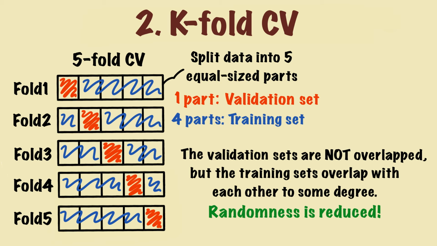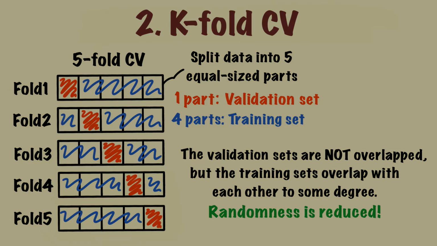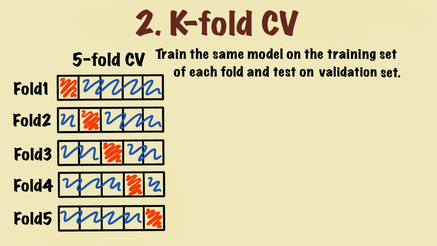Actually, the reason why we use cross-validation is to reduce the randomness in the split. By doing so, every time we have different training and testing sets, we don't need to worry about whether a particular split is better, because eventually we'll take the average of them. How to do this exactly? We train the same model on the training set of each fold, and we evaluate the performance of the model on validation sets.